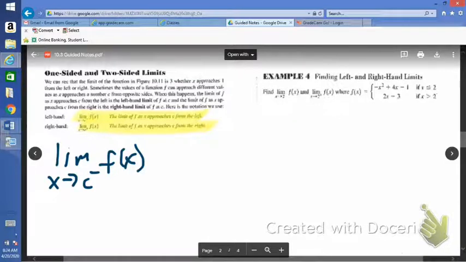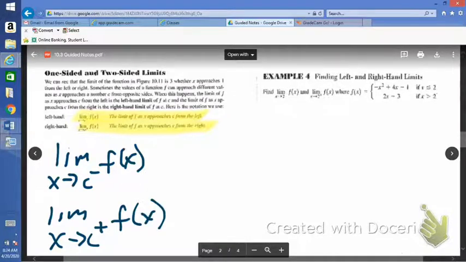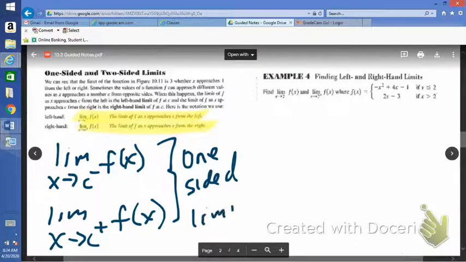And then here, underneath it, the limit as x approaches c, and then that plus sign there, that means from the right. Okay. Now, what we call these are one-sided limits. Okay.